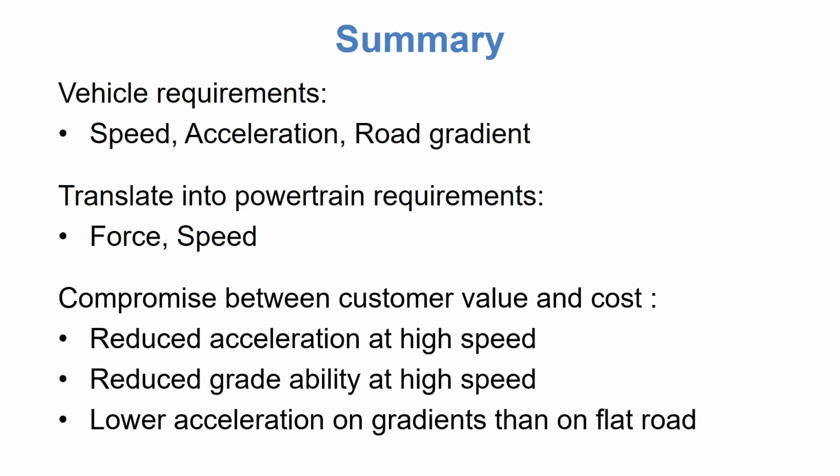Two reasons to compromise are to avoid requirements which either lead to high traction power or lead to high traction force. Some ways to reduce powertrain cost are: reduce acceleration requirements at high speed, reduce gradient requirement at high speed, accept lower acceleration on gradients than on a flat road.